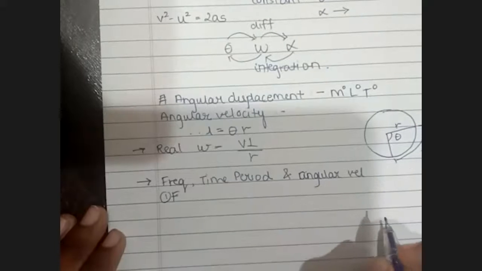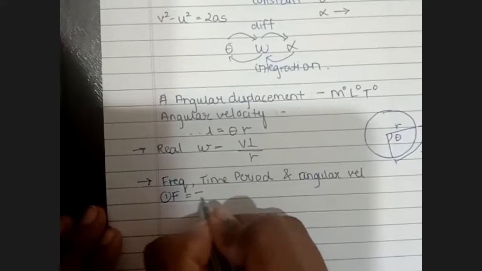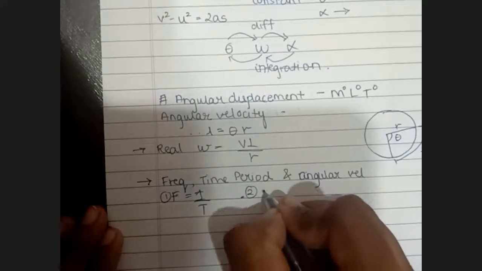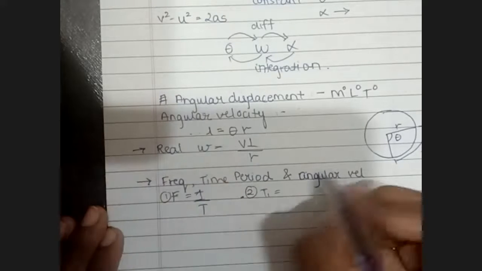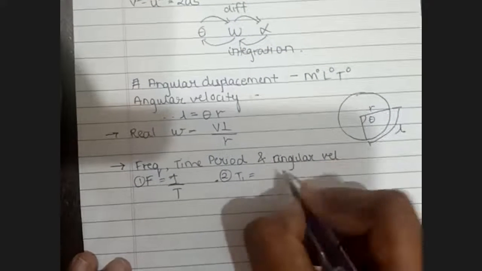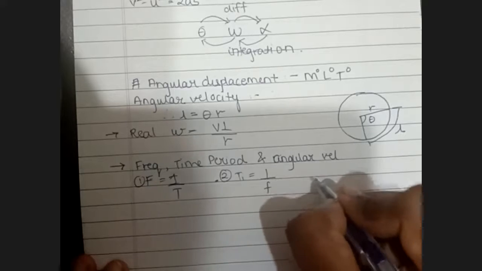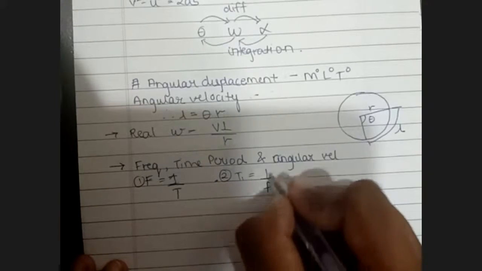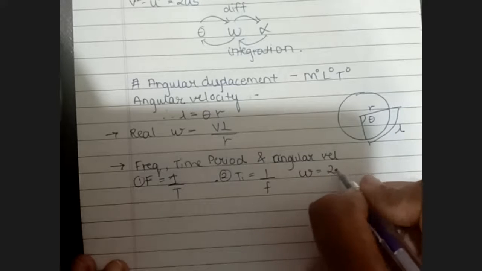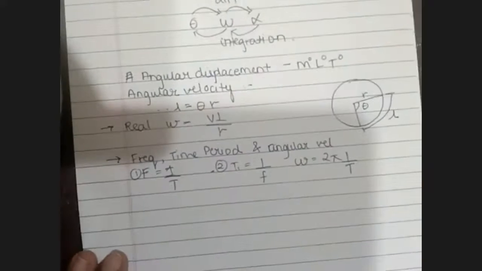Frequency is the number of revolutions in 1 second, and time period is the time taken for one revolution, which is 1 upon f. From this, if we derive omega, we get 2 pi into 1 upon t.